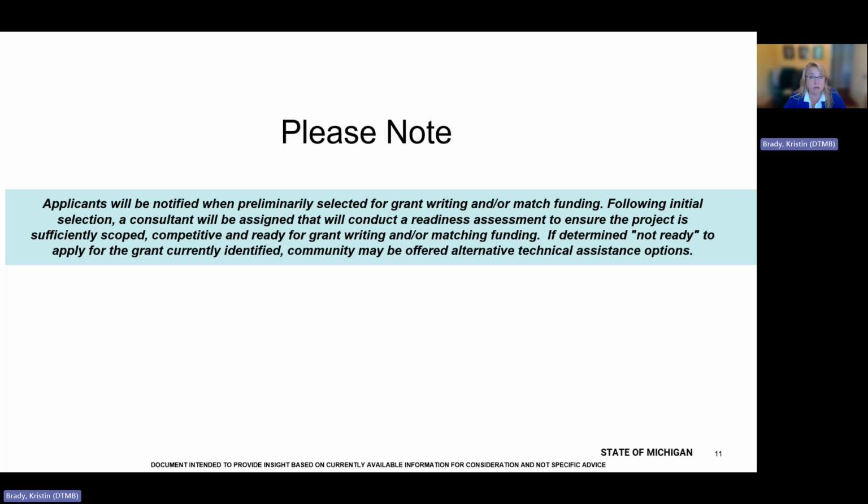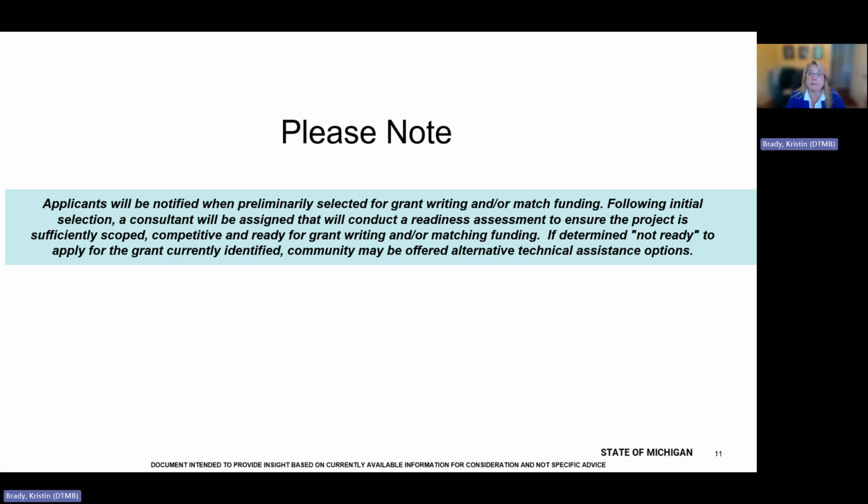So providing us, and we'll talk about this in a minute, also we talk about tips and tricks, providing us with as much information as you have on the project is good, as well as the processes that you go through. For instance, public input or preliminary engineering or design or a master plan that includes the project, or commitment letters from other funding sources, or a partnership agreement if it's a partnership.